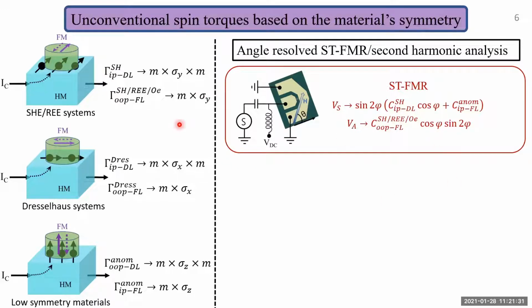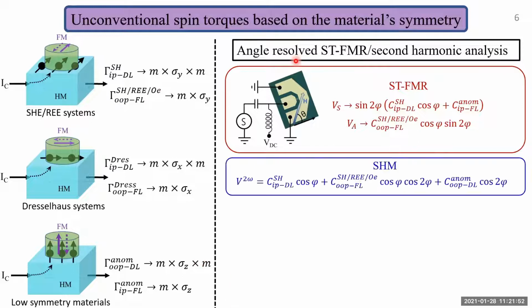By the way, the basic principle is that by fitting this kind of expression, we can actually quantify all 6 spin orbit torques by doing STFMR. And a similar thing is possible when we do the second harmonic analysis.